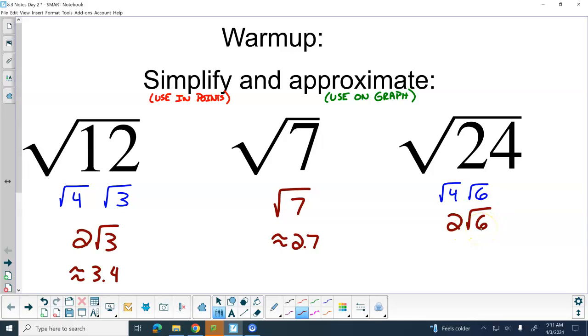And what do we approximate it to be? Is it closer to 5 or closer to 4? A little closer to 5. So what would you approximate it to be? 4.9, that's what I would approximate it to be too.